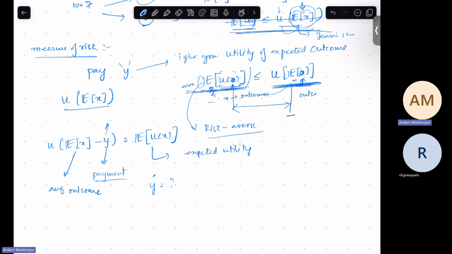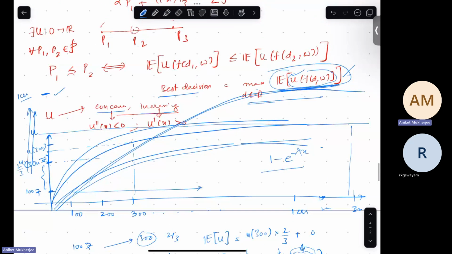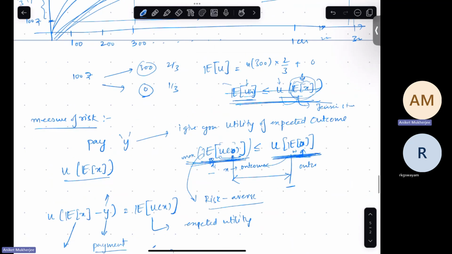From Jensen's inequality, you can see that I'm always less. Any decision I take, maximizing expected utility, is always less than the utility of the average outcome, from Jensen's inequality. Even if I maximize my expected utility, it will be less than the utility of the average outcome.